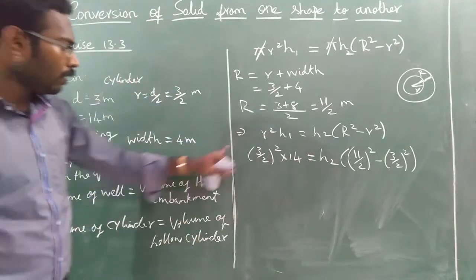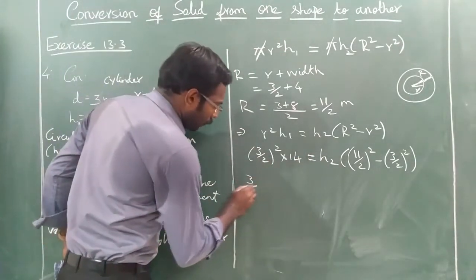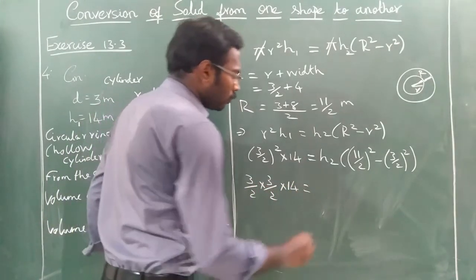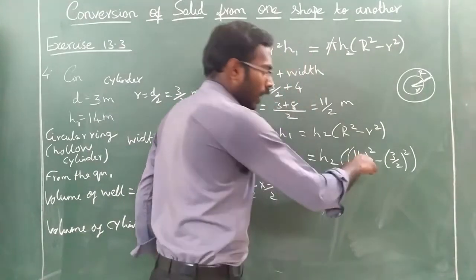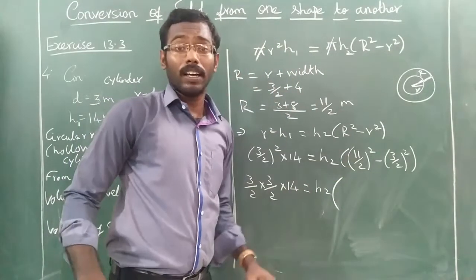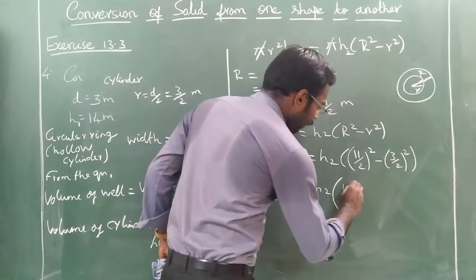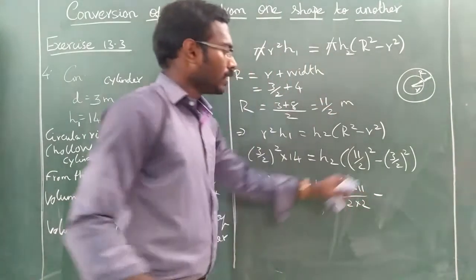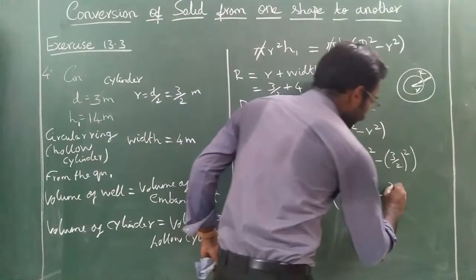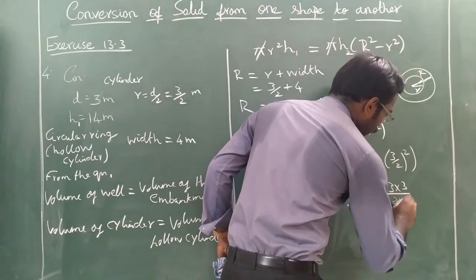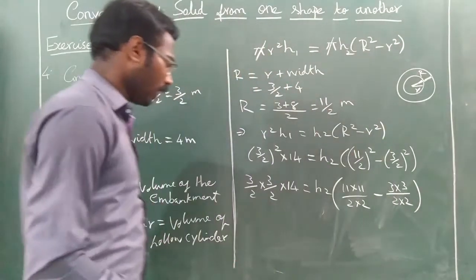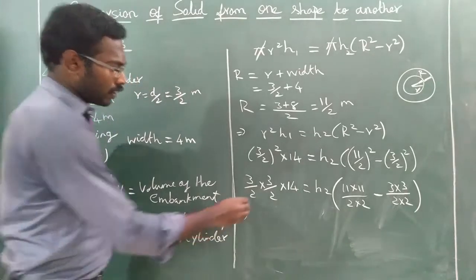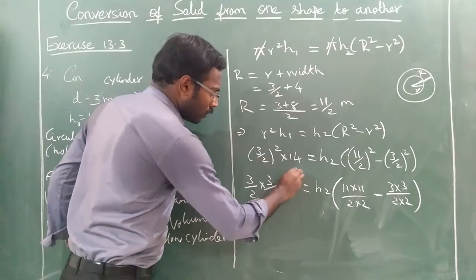So 3 by 2 the whole square, that is 3 by 2 into 3 by 2 into 14 is equal to h2 into 11 by 2 whole square, that is 11 into 11 divided by 2 into 2, minus 3 by 2 the whole square, 3 into 3 divided by 2 into 2. Understood? So we can cancel this, 1, 7.